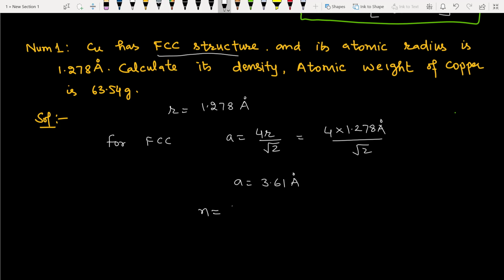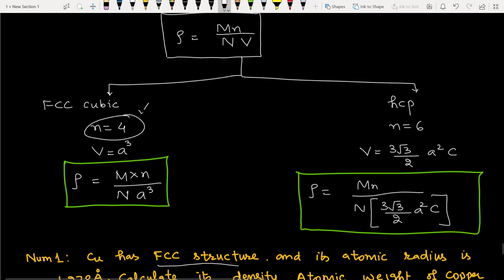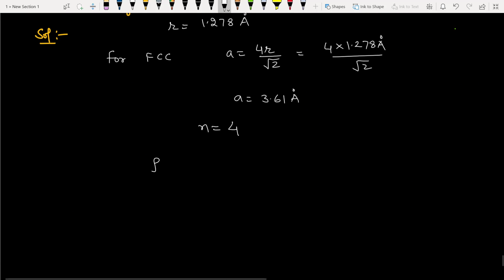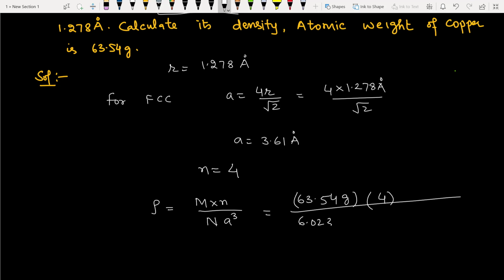Number of atoms present per unit cell in FCC arrangement, as we have just studied, is 4. So the formula for the density is M into n divided by capital N, Avogadro number, into a cube. Mass is 63.54 gram. Number of atoms per unit cell is 4. Avogadro number is 6.023 10 raised to power 23.